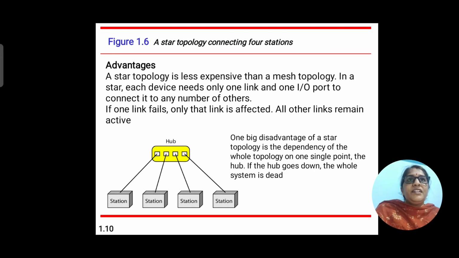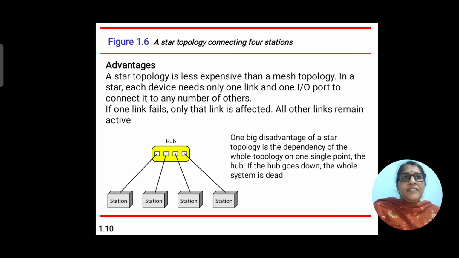The advantages of star topology are that a star topology is less expensive than mesh topology. In star, each device needs only one link and one input/output port to connect it to any number of others.